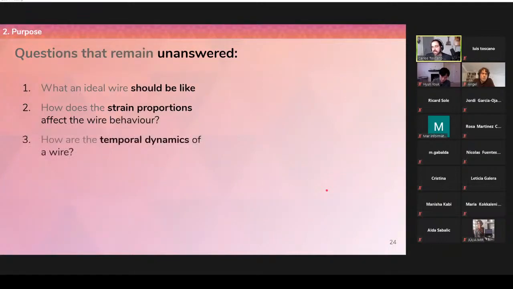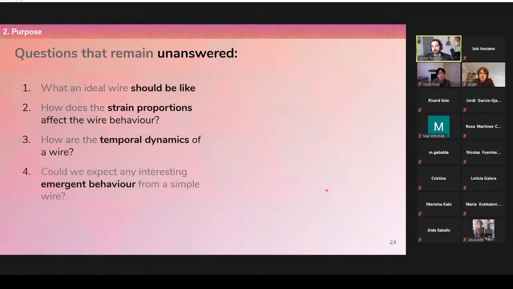What about the temporal dynamics of a wire, how it behaves under different circumstances? Can we expect any interesting emergent behavior from something so boring as a wire? And even more, if that is the case, could we use a single wire for some specific task?